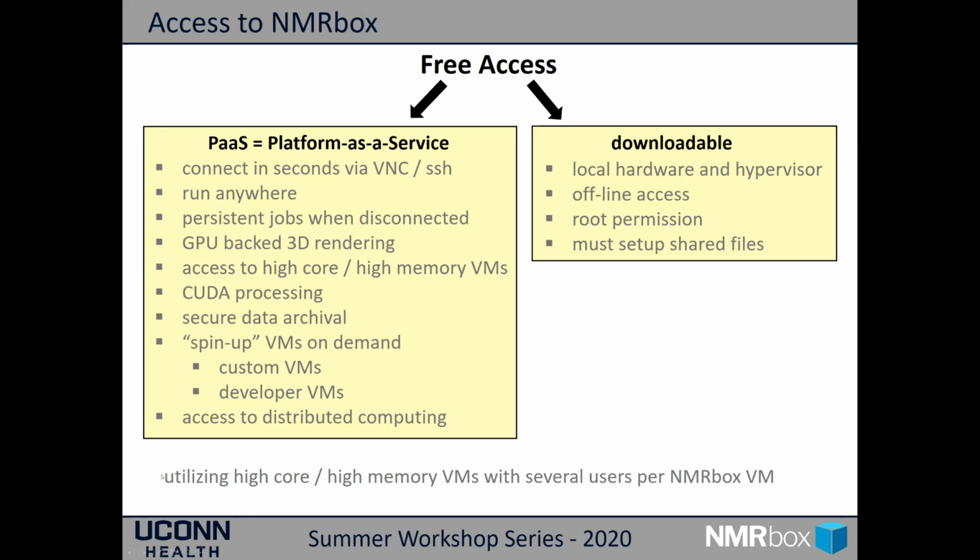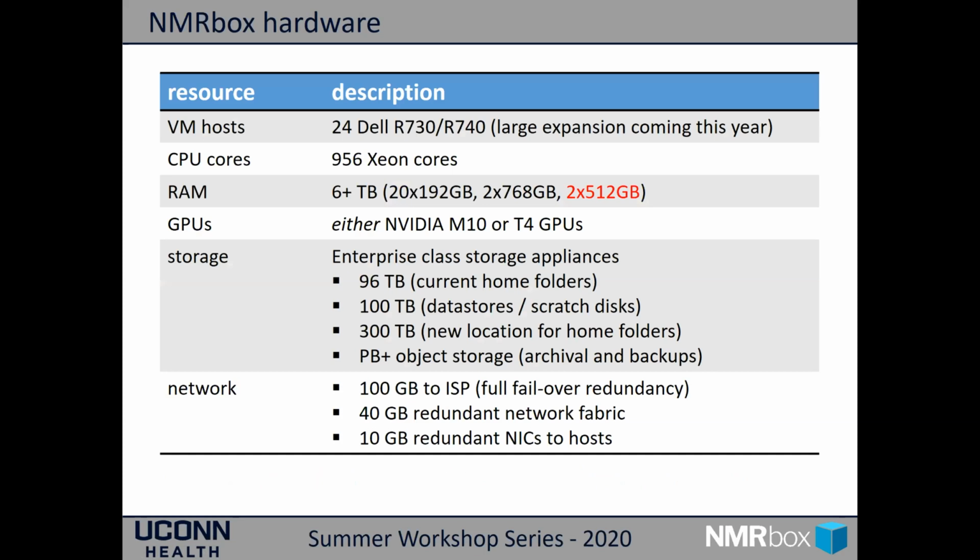Our model, though, is that we use high core, high memory VMs with multiple NMRbox users attached to those VMs. And I'll talk more about that in a little bit. From a hardware point of view, we have fairly significant resources on the back end. We have 24 high-end Dell servers, with an expansion coming this year that's going to add significantly to our computational resources.